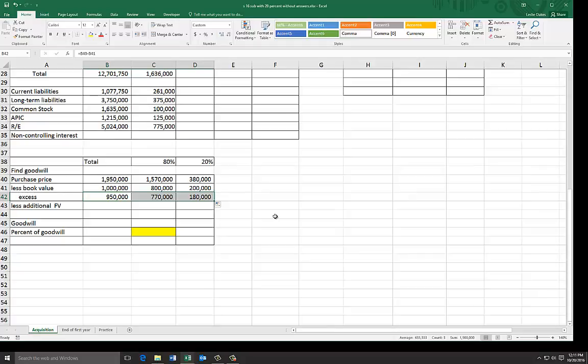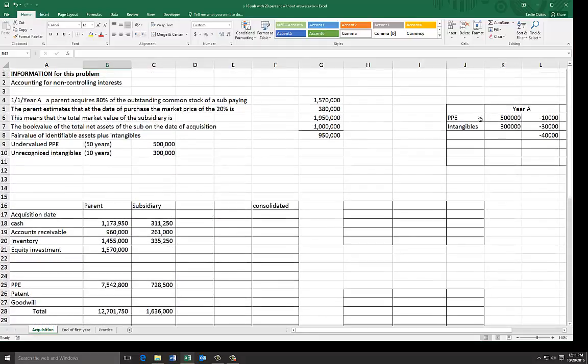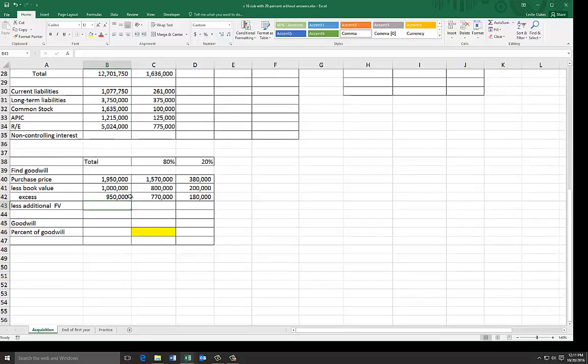Now the additional items for write-up to fair market value, in this case, we have them right over here, the $500,000 and the $300,000. I'm going to subtract these just to show that we would normally be subtracting the fair market value purchased.